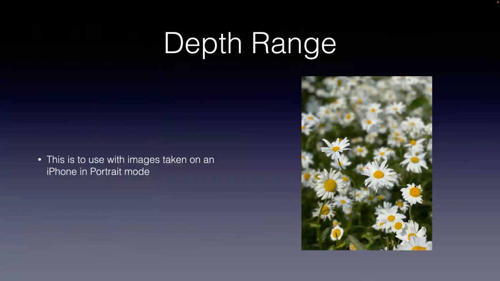Now, the next one that we see in that range area is called the depth range. And I doubt that you'll use it very much unless you do most of your editing on iPhone photos.